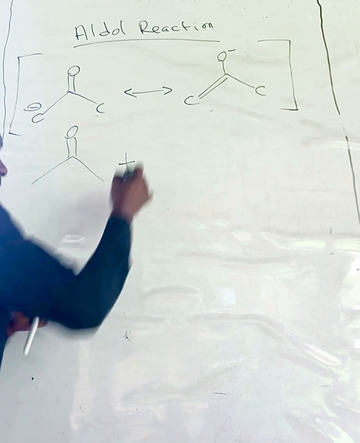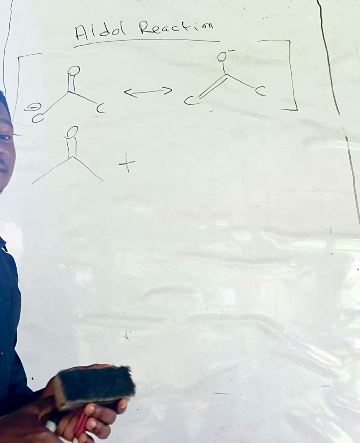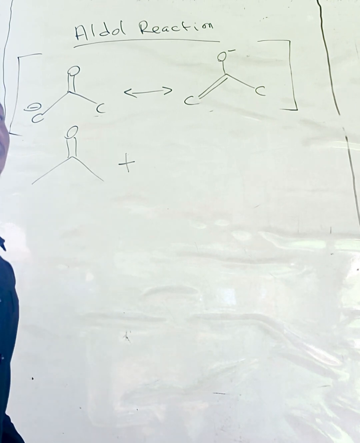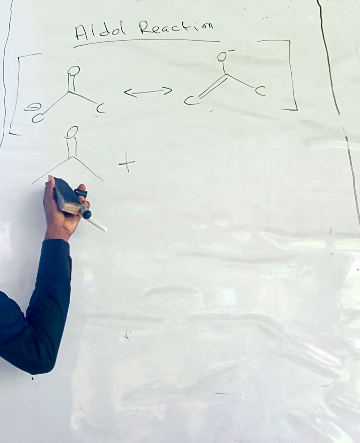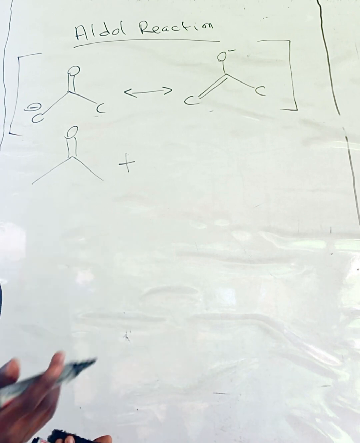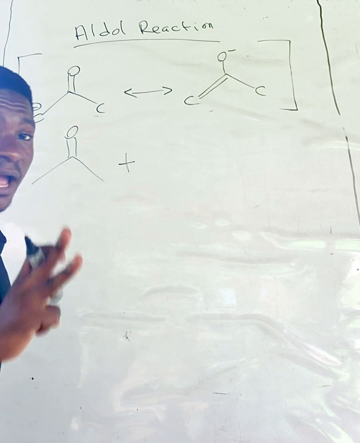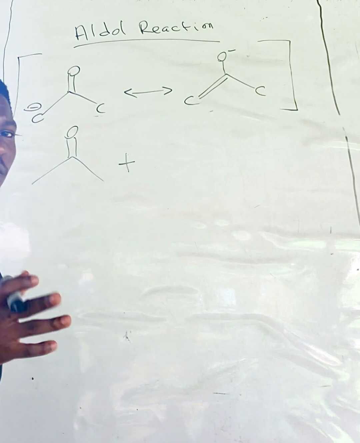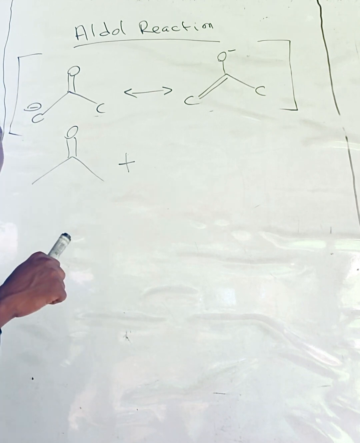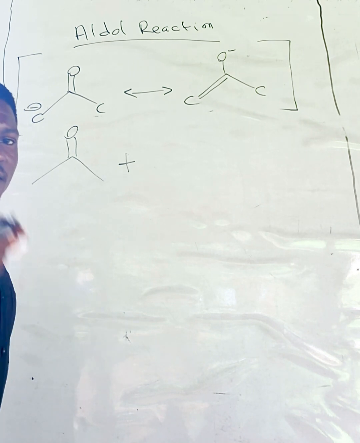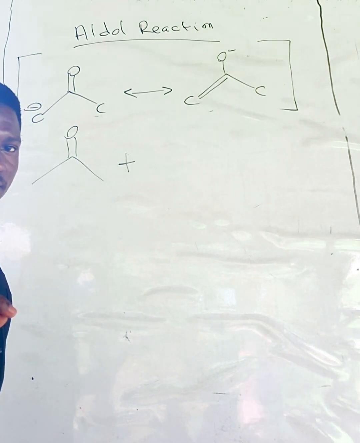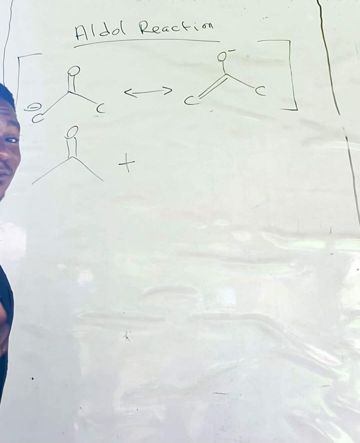Now, because we have successfully converted some of this into carbanions or enolate ions, either the enolate ion or the carbanion will now come back to react with our unreacted ketone. You could see that now they are of two different species.